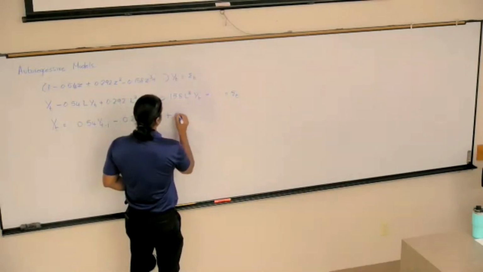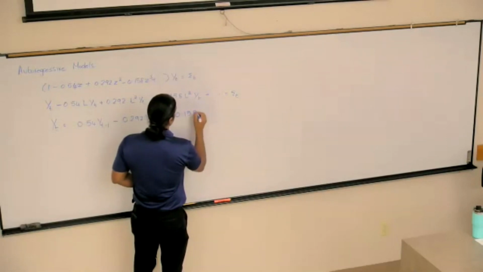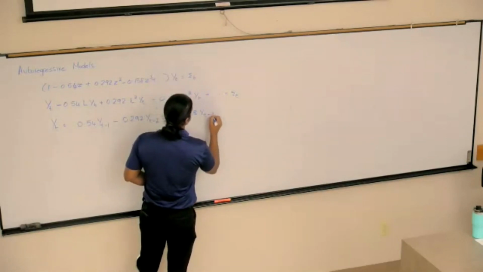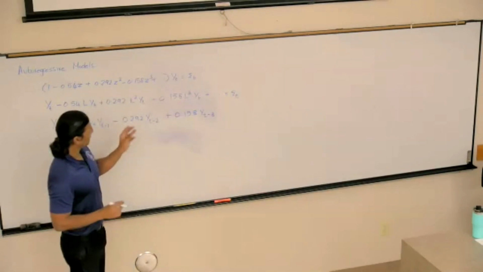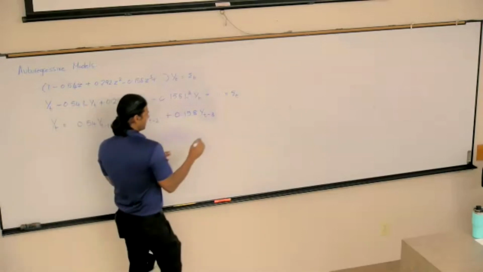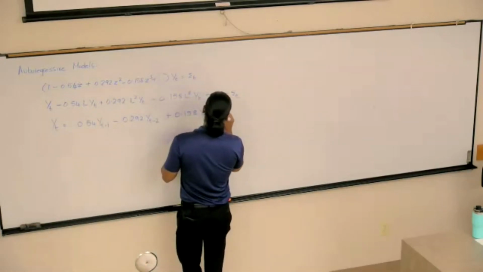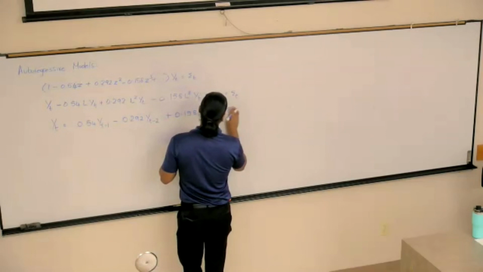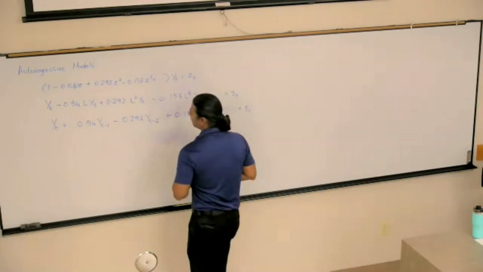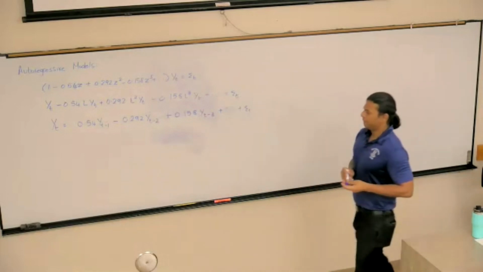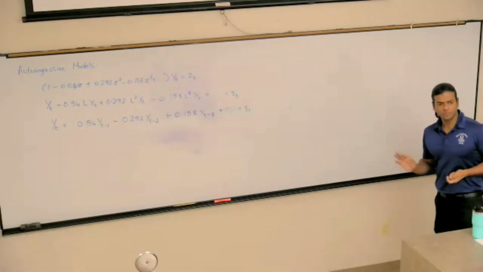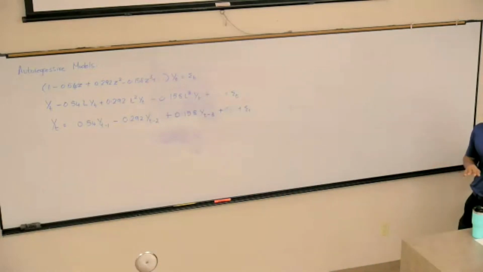Moving to the other side, we will have 0.158 yt minus 3, plus and so on, and then epsilon t. But we can truncate the model as necessary.